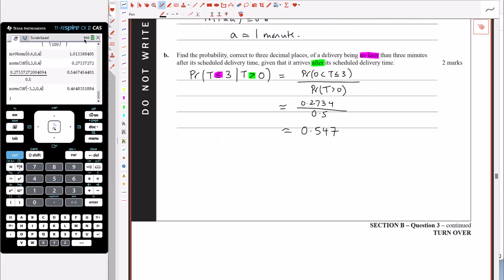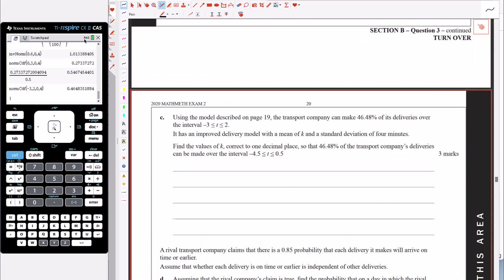Okay, I don't think we should need to write this again, but we've got 3 marks worth of things to earn. Let's do our new t.